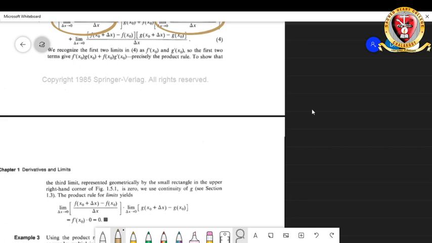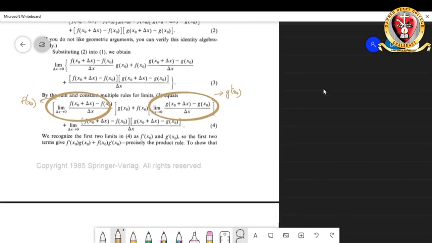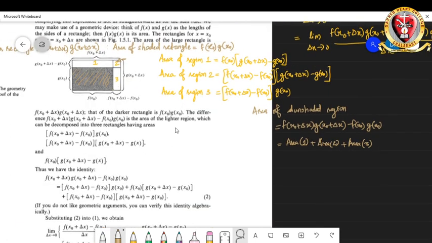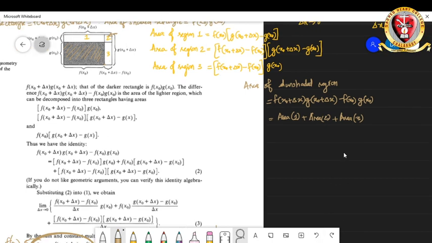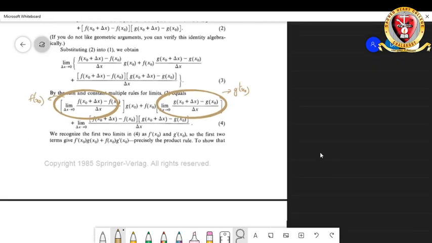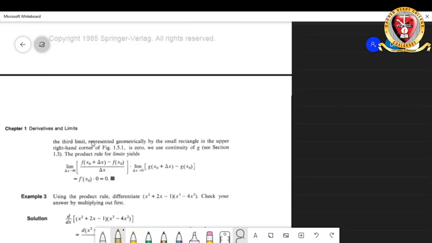We can say that when delta x is tending to 0, this rectangle, or the square sitting here, is becoming smaller and smaller and smaller, right? It will go like this and tend to just a point. That means the third limit here, which represents that smaller rectangle, will tend to 0.